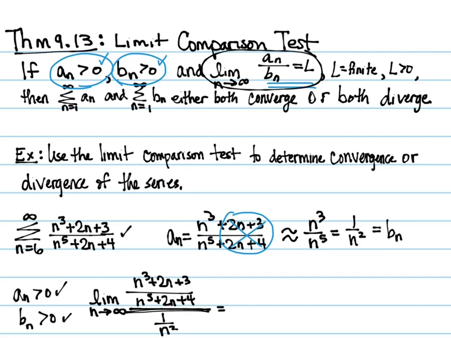Well, division, of course, is the same as multiplying by the reciprocal, so this would be equivalent to the limit as n goes to infinity of n cubed plus 2n plus 3 over n to the 5th plus 2n plus 4 times n squared. So far, so good?